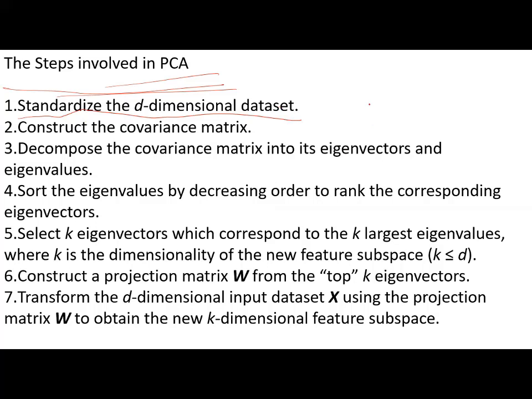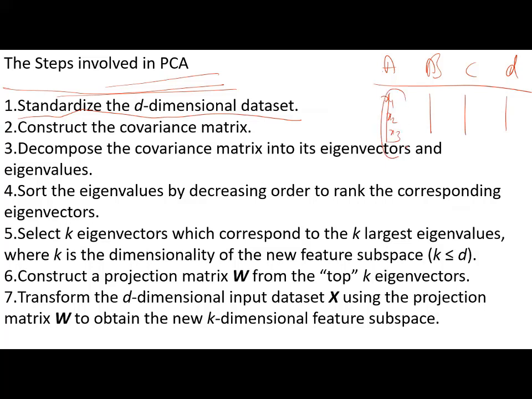What do you mean by standardizing? See, for example, A, B, C, D are the features. A will have n values, B will have n values, and so on. We have to standardize, normalize here. What is the formula of normalization? Say x1, x2, x3.